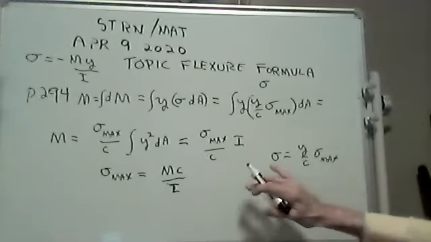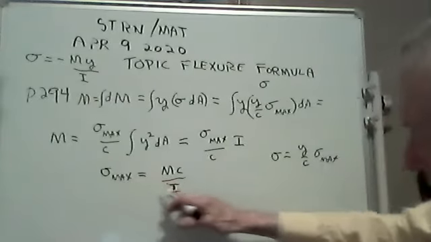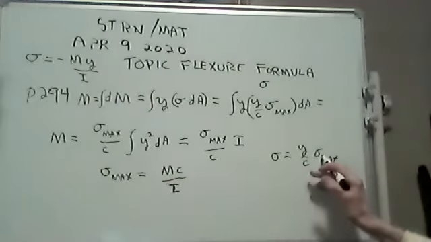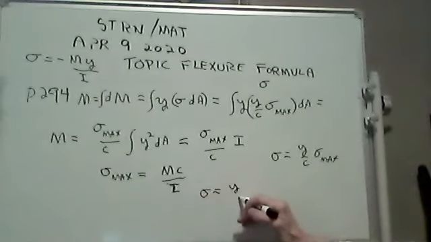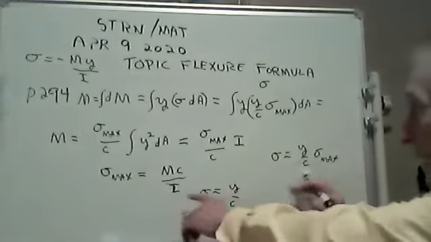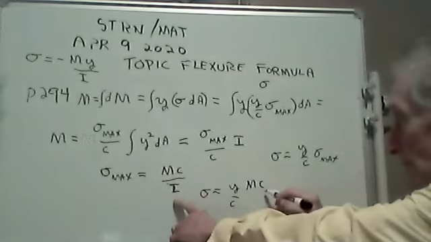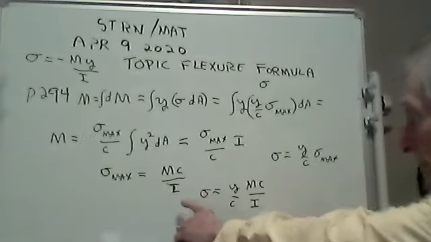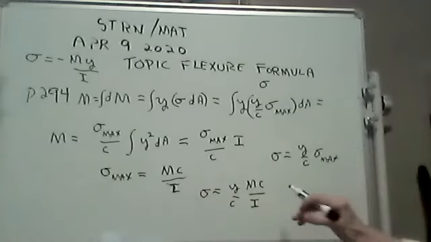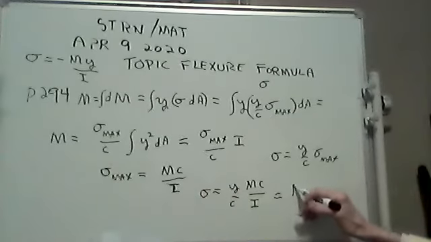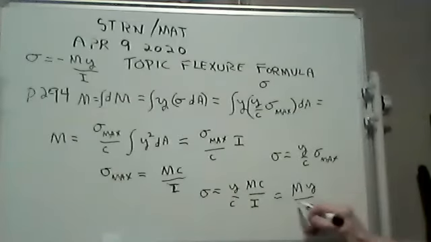So what I'm going to do is take this sigma max and plug it in here, and let's see what I get. I get y over c times Mc over I. Well, look, the c's go bye-bye. And what you have left is My over I.